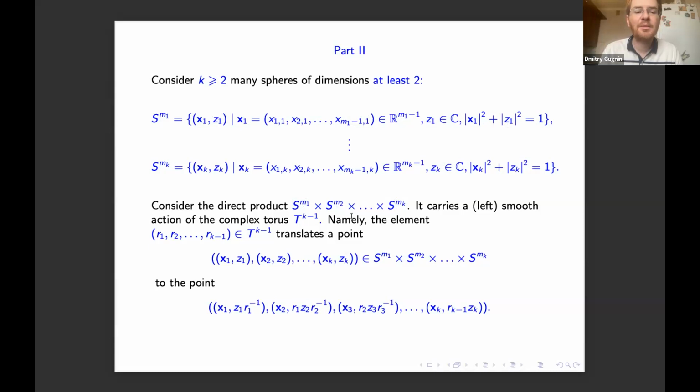It carries a left smooth action of the complex torus T^(k-1). Namely, an element of this group translates a point to these points. So the x_i are just the same, but these complex numbers are rotated in this way.